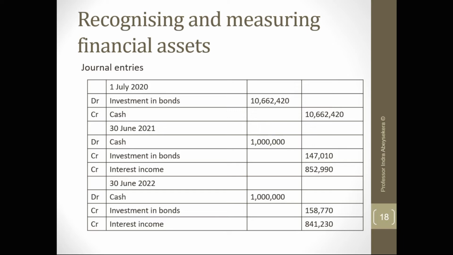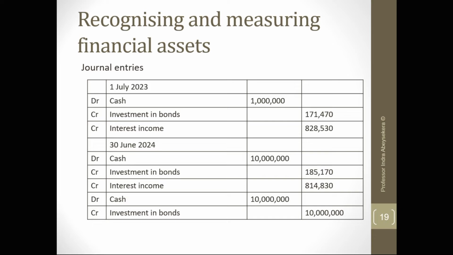So our journal entries, looking at the schedule, we can complete. Right at the beginning, we record the investment, and then in the subsequent periods, we record the cash receipt and the interest income, and then the excess amount that's going to decrease the investment in bonds. So therefore, that's shown as a credit amount.